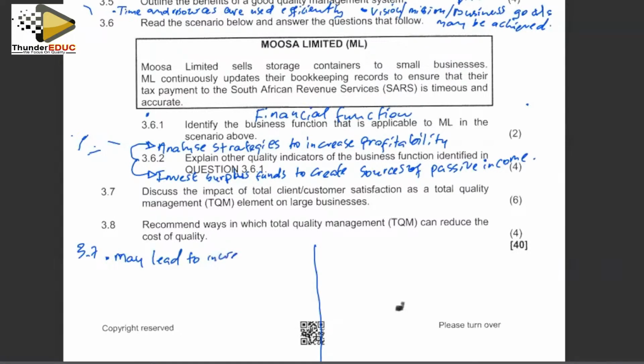We are saying that it may lead to increased profitability. And also continuously promote a positive company image.